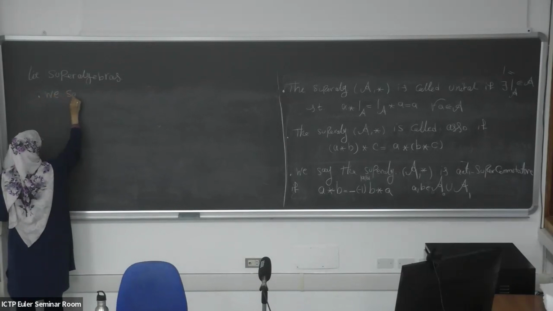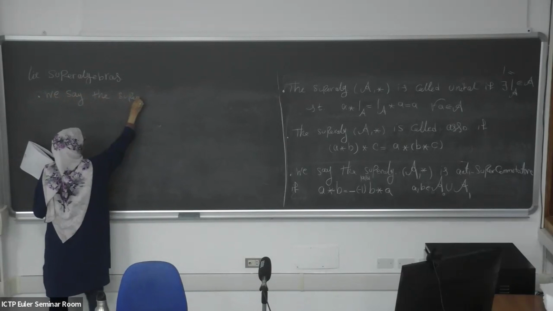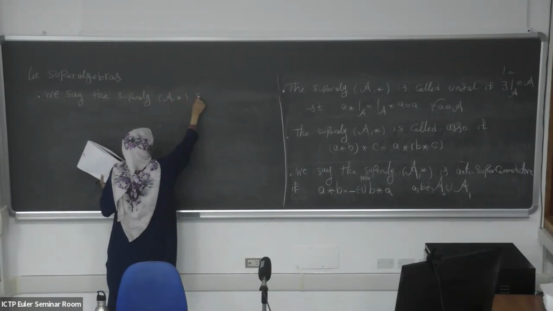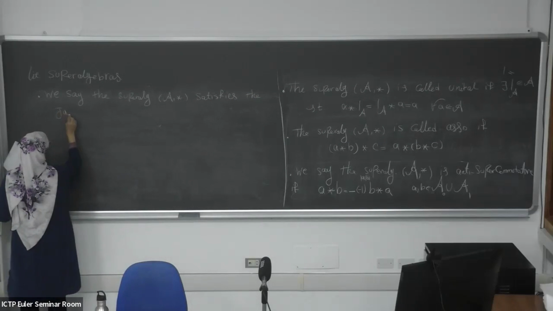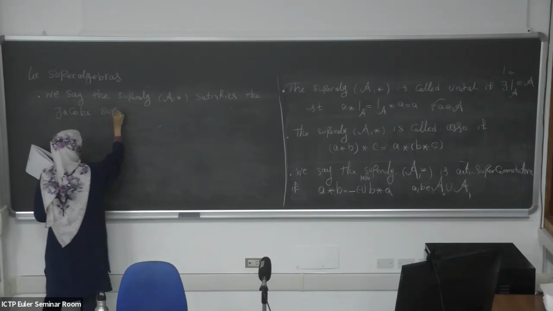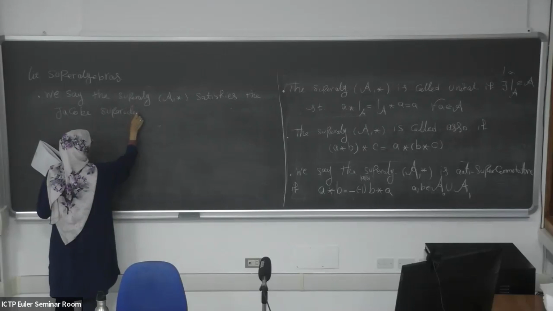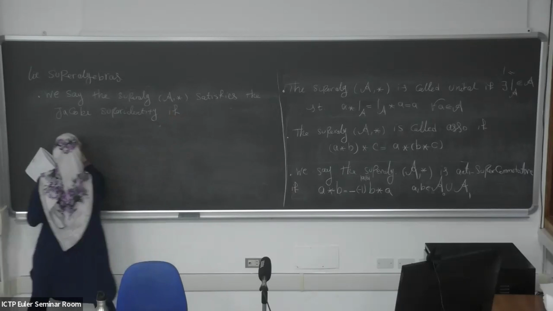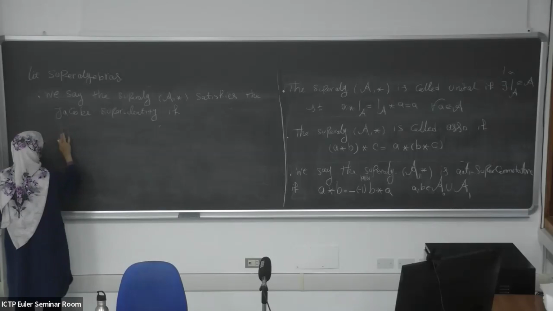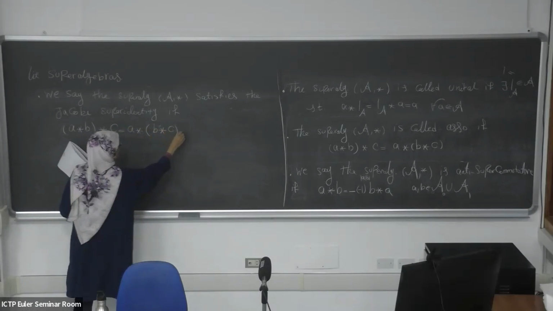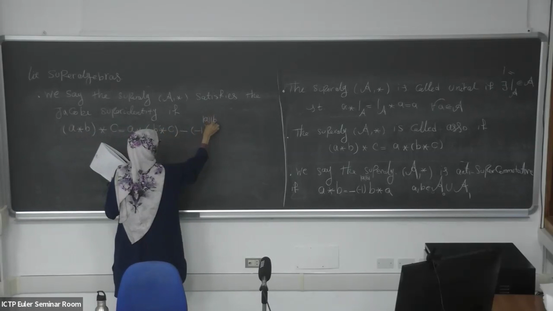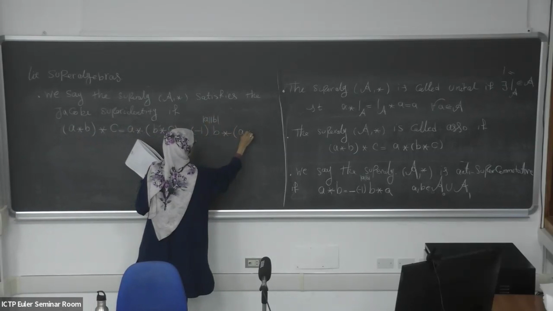And we say the superalgebra (A, star) satisfies the Jacobi superidentity if, you remember the Jacobi identity, but I say Jacobi superidentity if a star (b star c) equals (a star b) star c minus (-1)^(deg a deg b) b star (a star c).